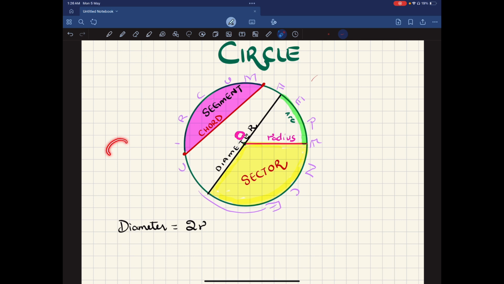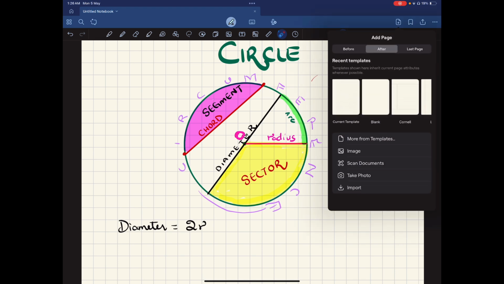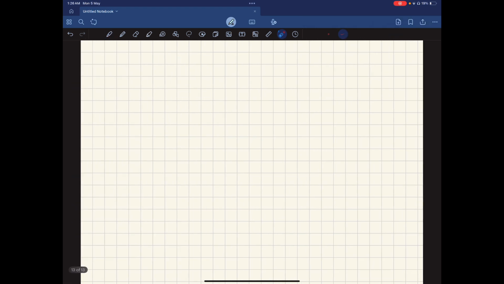Circumference divided by diameter is going to be the same no matter how small or how large the circle is, and this ratio is known as pi. Just a very brief history of pi.